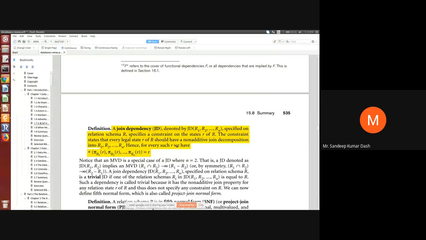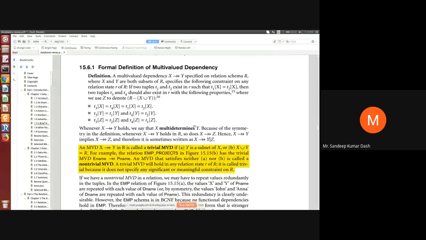Hence, for every such r, we have this, where pi is your projection. We will get clear on this in the relational algebra part. Projection means selection of all the columns in R1. Suppose R is a table, say this example.